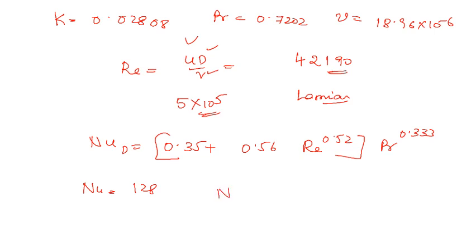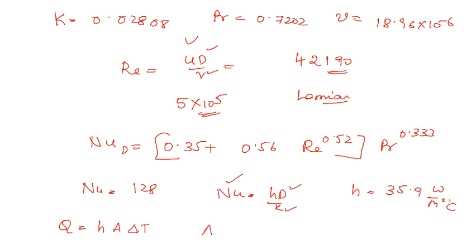Nusselt number is equal to Hd by K. Substituting these values of Nusselt number, K and D, the H value comes to be 35.9 watt per meter square degree centigrade.